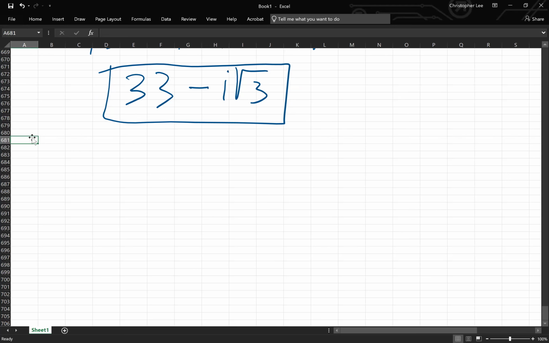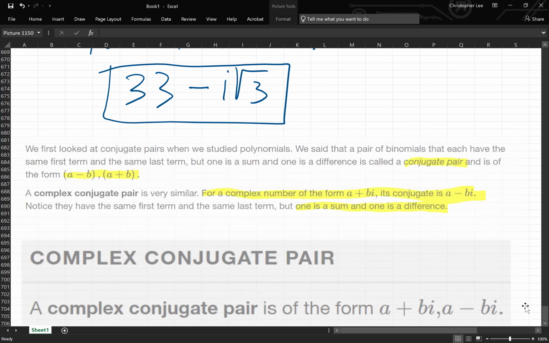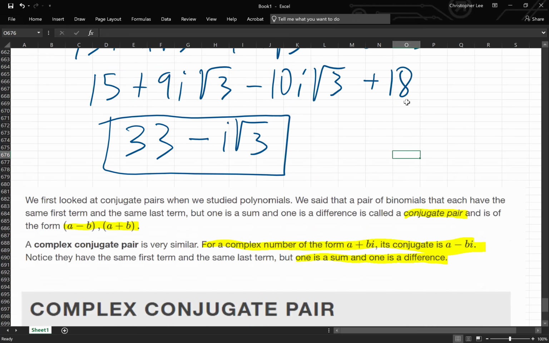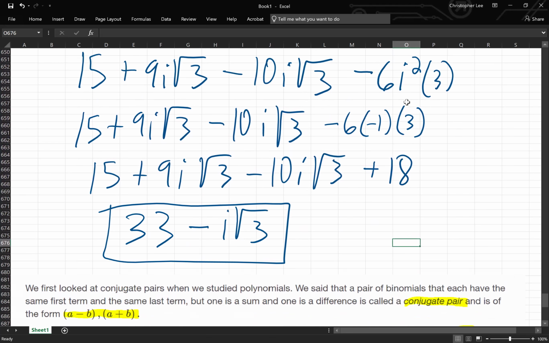So bear with me one second. Got to build the vocabulary a little bit. So we first looked at conjugate pairs when we studied polynomials, right? We said that a pair of binomials that each have the same first term and same last term, but one is a sum and one is a difference, is called a conjugate pair and is of the form a minus b and a plus b.